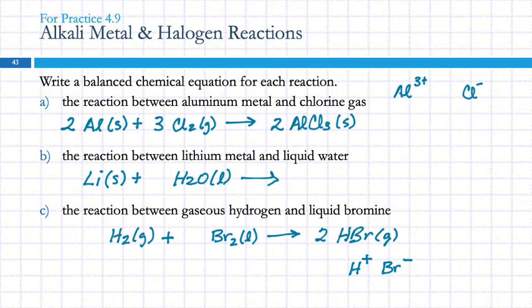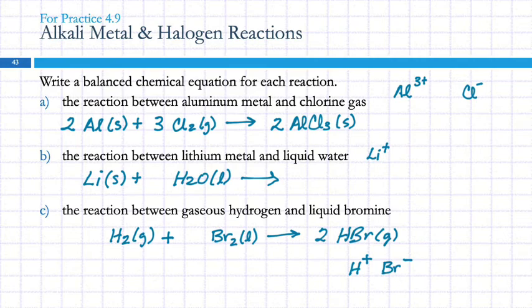Well, the metal is going to have to combine with some nonmetals, right? Hydrogen and oxygen. What kind of a compound is that going to be? Ionic, right? So what kind of an ion does lithium make? Plus one. So Li plus.